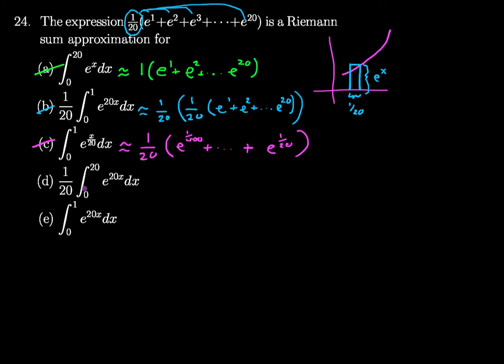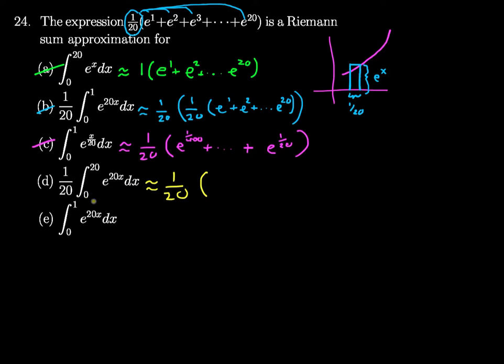This one down here is a big old mess, all sorts of wrong. You can see we have the 1 over 20 here. That's good. I have 20 subintervals because I have 20 terms here, and I go from 0 to 20, so I don't have another 1 over 20. So far, so good.